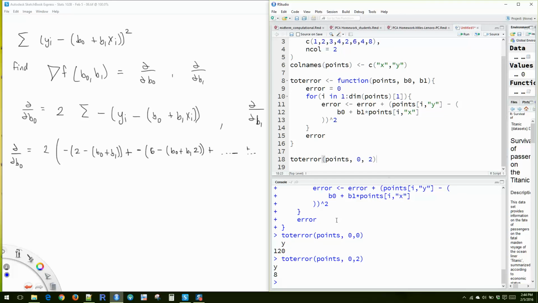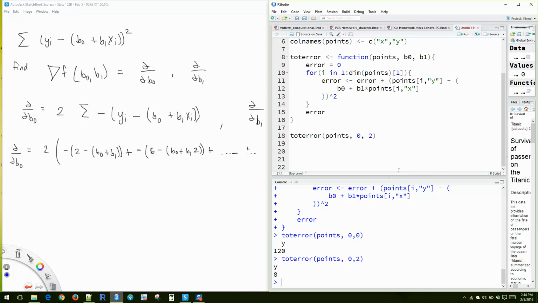So far so good? Okay, so we want to minimize this, so we're going to have to create our gradients. Okay, so I'm going to have b0 underscore gradient. And how do I do this?